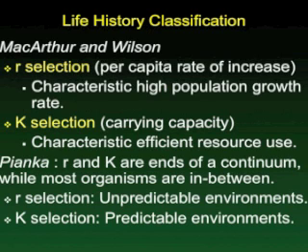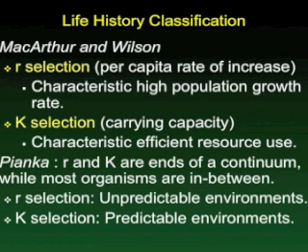So r is the maximum rate of reproduction, and so they're just using that as a way of designating those plants and animals that have a very high population growth rate. And those plants and animals often also have a high die-off rate after the population increases dramatically. Whereas the K-selected species are those that have a moderate growth rate that levels off at a carrying capacity and sustains at that level.